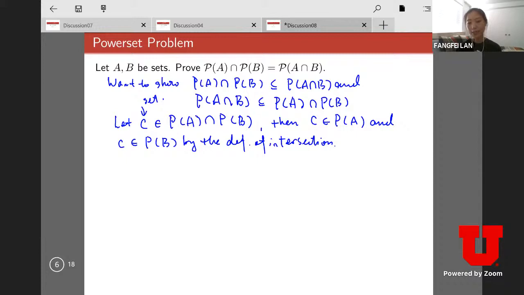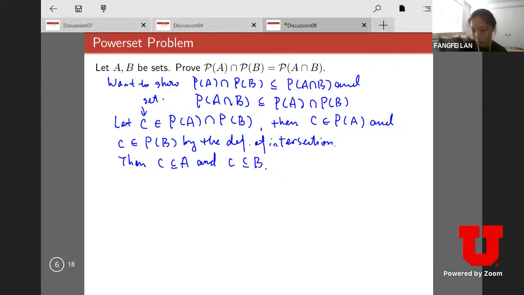All right, so the fact that C is in the power set of A, what does that mean? What is the relationship between C and A? Is C an element of A? C is a subset of A. Yes, exactly. C is a subset of A. So then C is a subset of A, and similarly, C is a subset of B. Right?